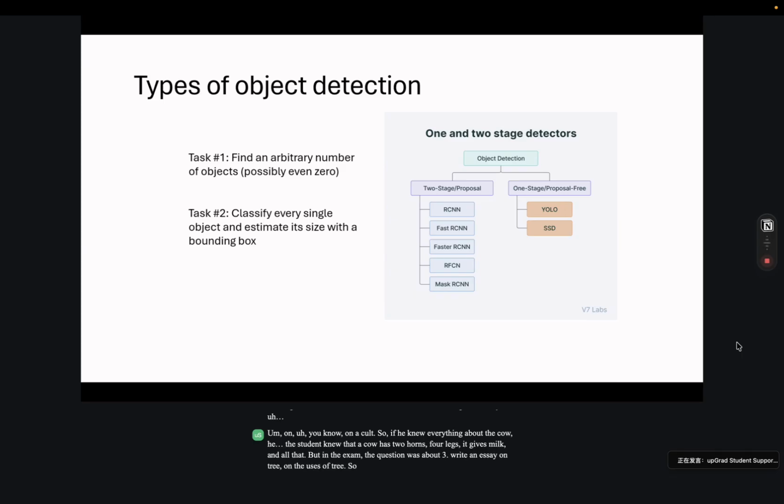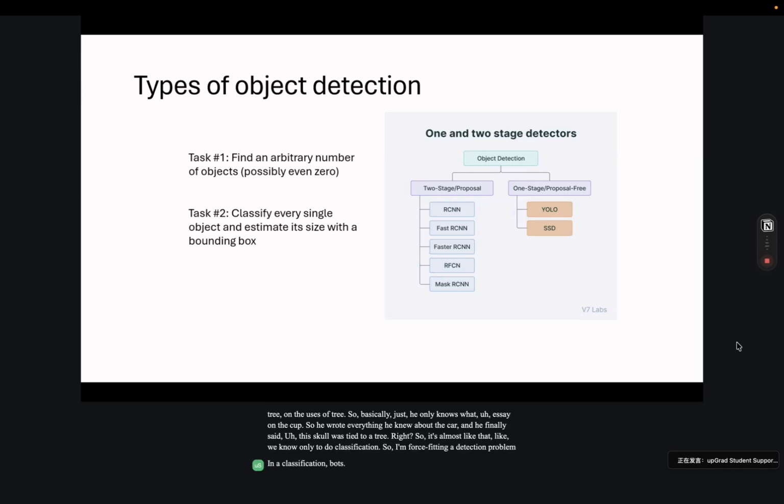So this guy only knows the essay on the cow. So he wrote everything he knew about the cow, and he finally said, "This cow was tied to a tree." Right? So it's almost like that. We know only how to do classification, so I'm force fitting a detection problem in a classification box. That's obviously going to cause trouble.